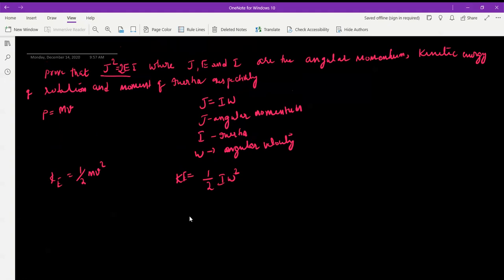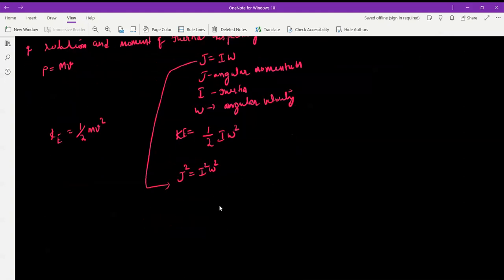So let me just take J is equal to I omega, square both sides, I square omega square. So now what I'll just write is I square omega square. So I'll just make a little modification. J square is equal to 2 into 1 by 2 I omega square into I. So no change in the expression. I square omega square, I have just written 2 into 1 by 2.